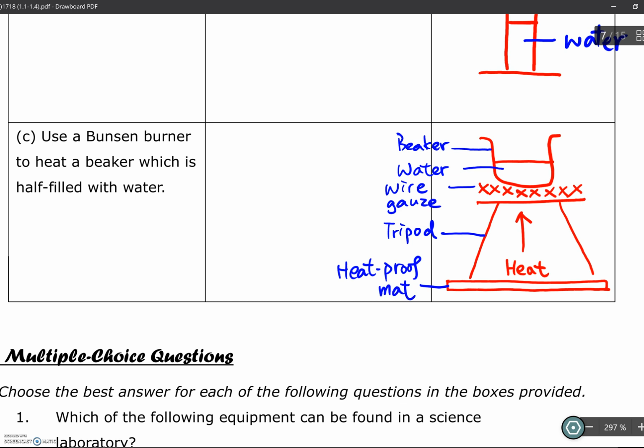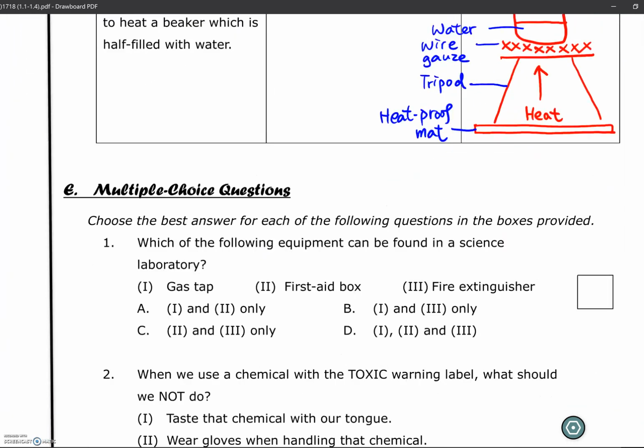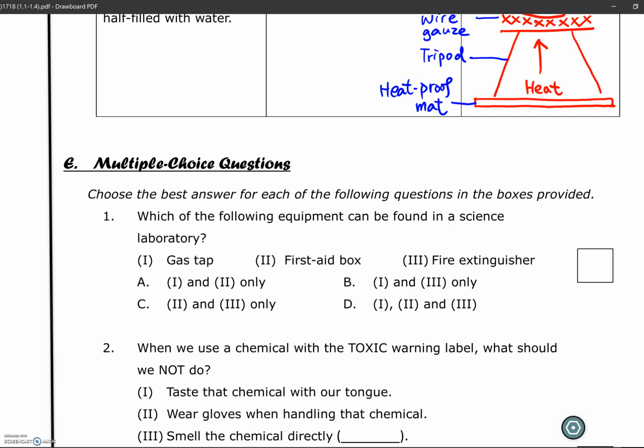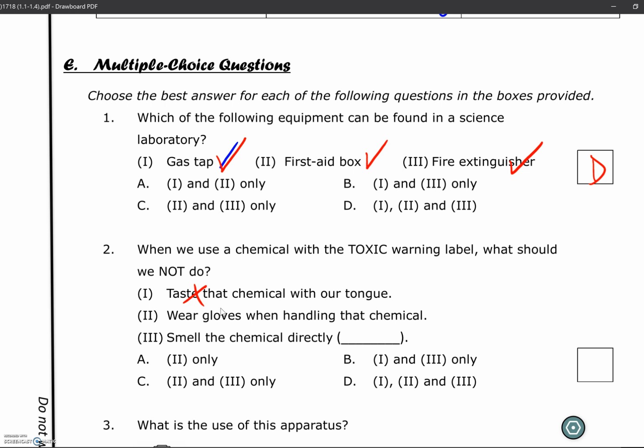So this is how you can draw your setup. And downstairs we have multiple choice questions. So gas tap, yes. First aid box, yes. Fire extinguisher, yes. So the answer is D.